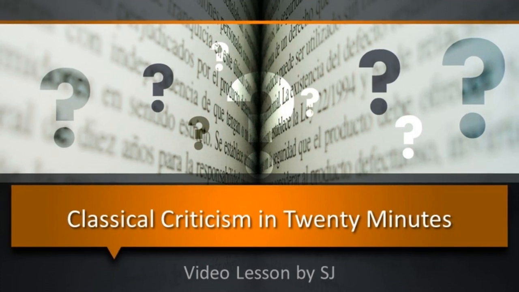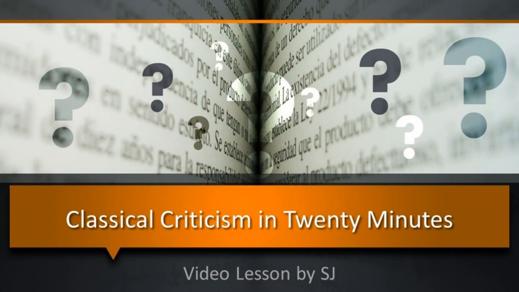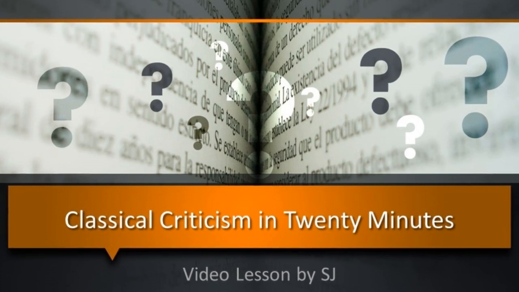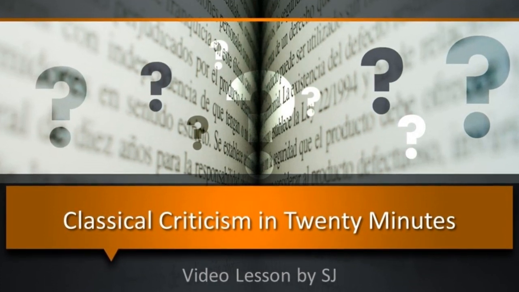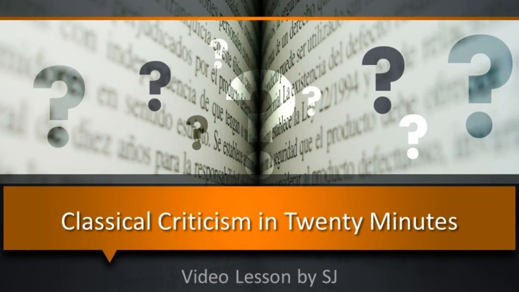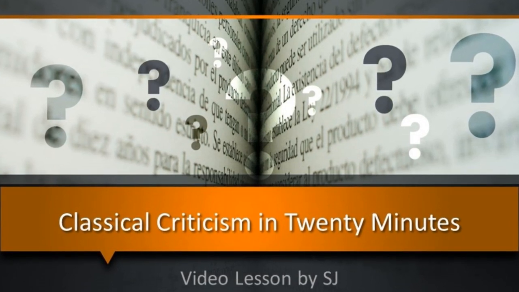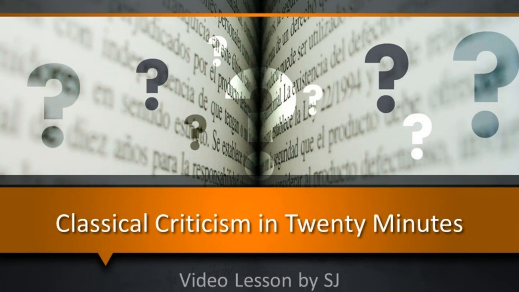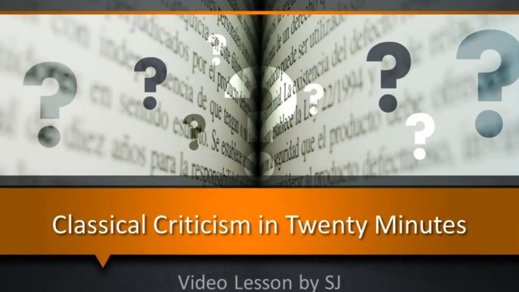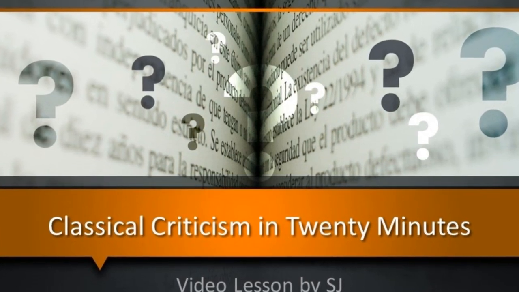The study of classical criticism gives a student insight into the critical way of thinking. By studying classical criticism, learners get a sense and understanding of how literary theories increase a person's capacity to think critically without bias or prejudice or preconceived notions.